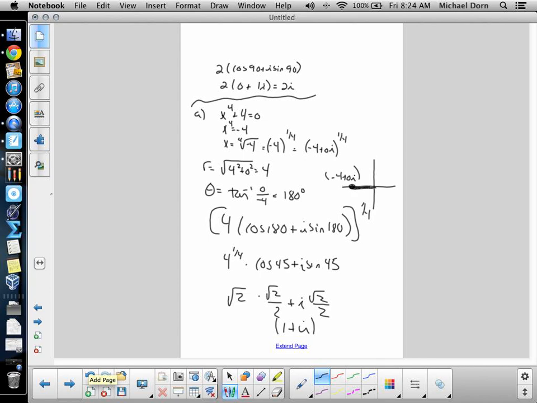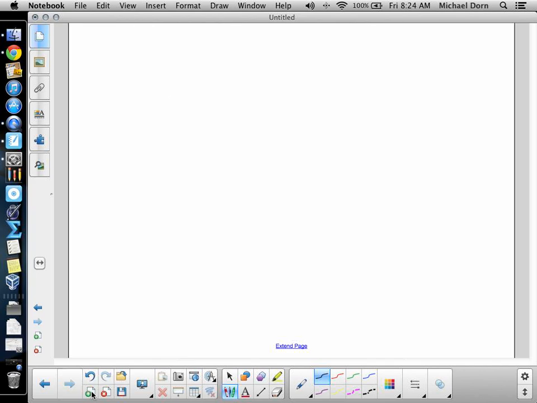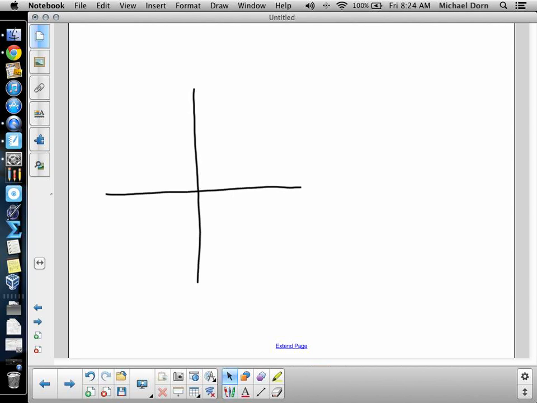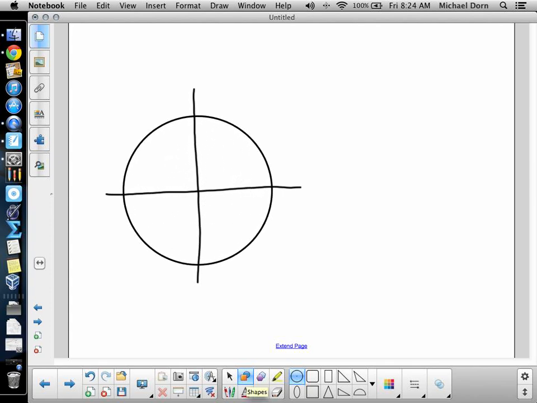Having fun? This is the good stuff. So we got 1 plus i. Now we need to find our other roots, and this is where it gets interesting. Again, this is the part that I'm not testing you on, but in case you're wondering how it works, remember that there are 4 roots. The first one is at 1 plus i.